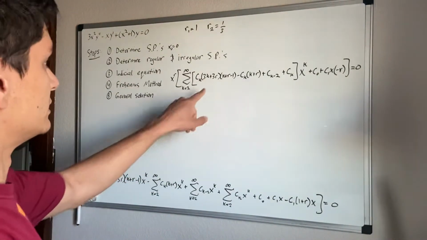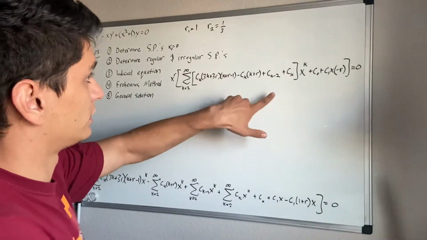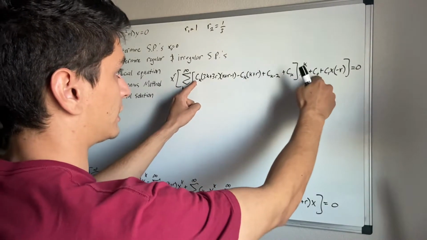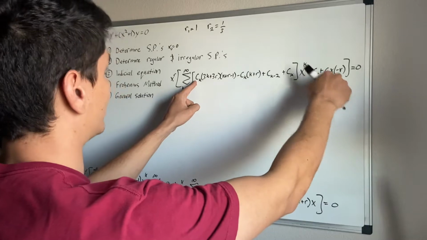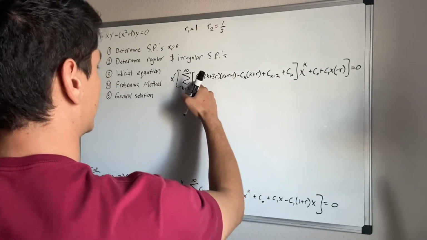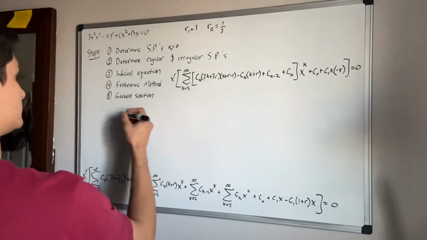And this right here is what we're going to set equal to 0, because we don't have to worry about C0 and we don't have to worry about this because we already have the initial roots right there. So let's set the inside of this equal to 0.